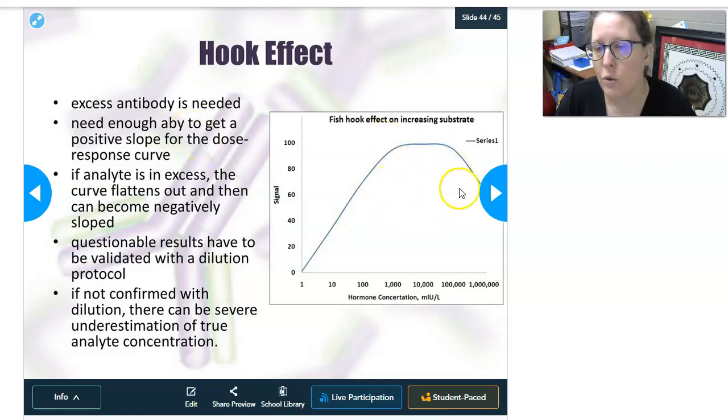And so you dilute it out to get a stronger signal, which is kind of counterintuitive. If you do not confirm this abnormal reading with a dilution, you could have a severe underestimation of the true analyte concentration in these samples. So remember, immunoassays are subject to the hook effect.